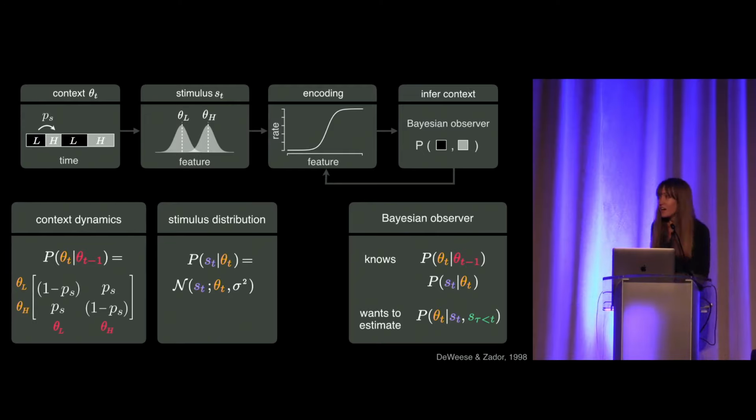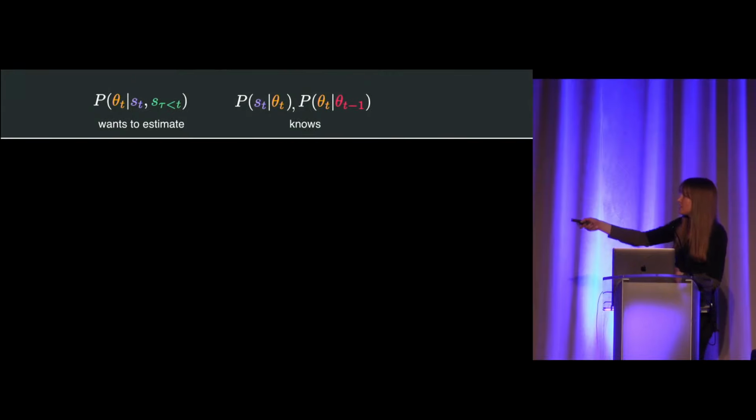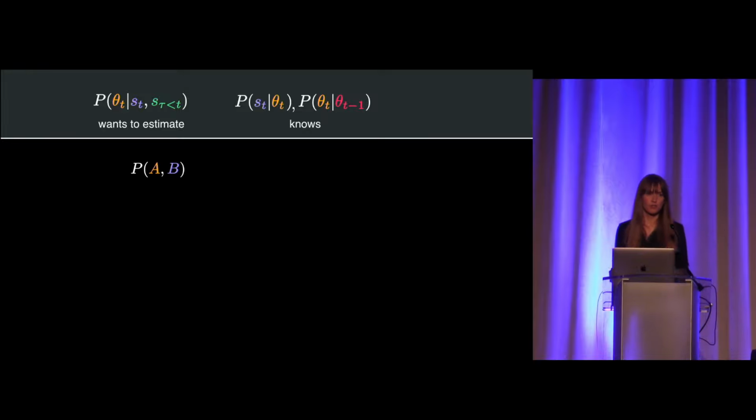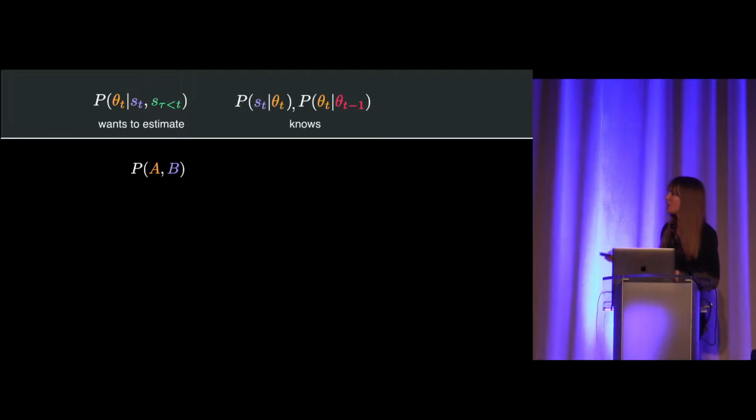Okay, so we want to estimate this probability distribution from what we know, and we're going to build up this estimate using Bayes' rule, using the laws of probability. So just to refresh on this, if we have a joint distribution of two variables, A and B, we know that that's equal to the joint distribution of B and A. And we can expand each of these distributions.